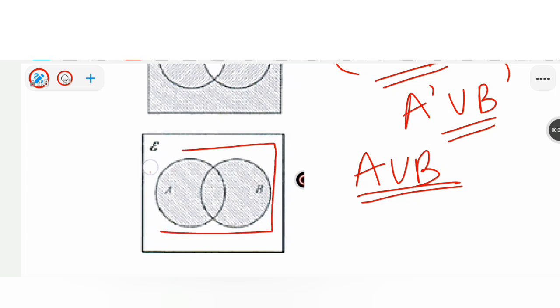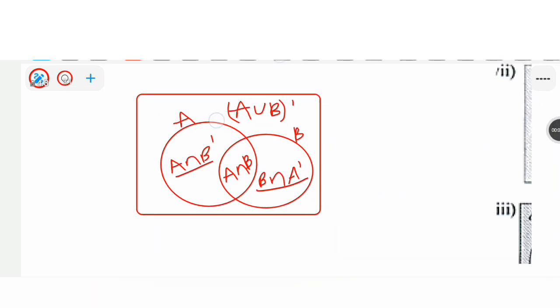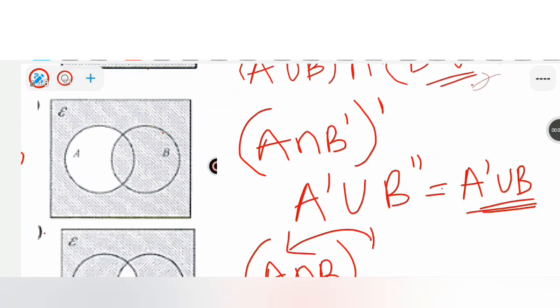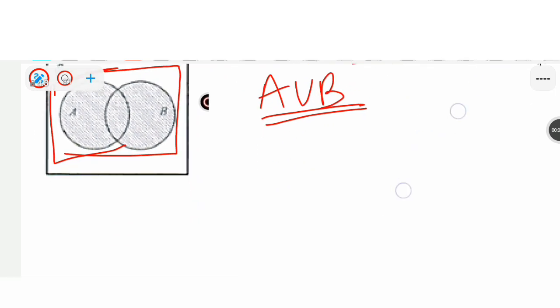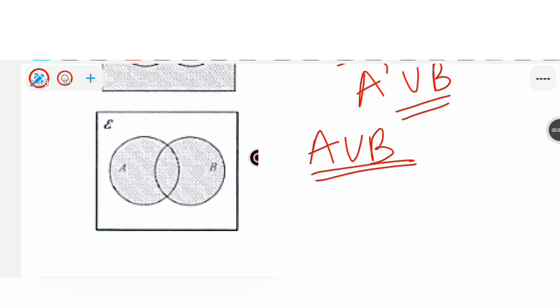This part was not shaded. Then what is that part that is not shaded? You always know that the outside part from our diagram here is always A union B prime. So if you go back and replace it there, this outside part here is A union B prime.